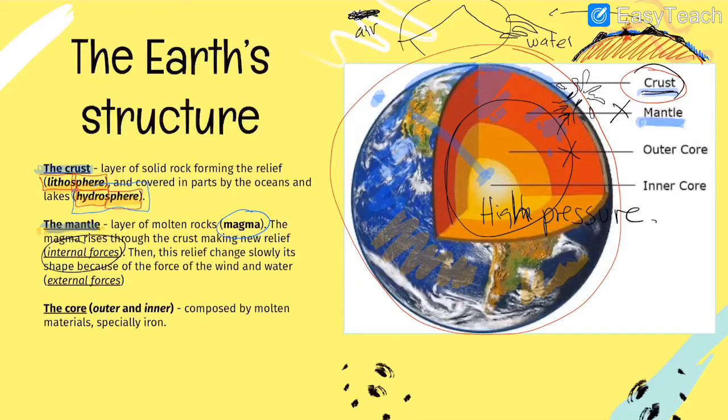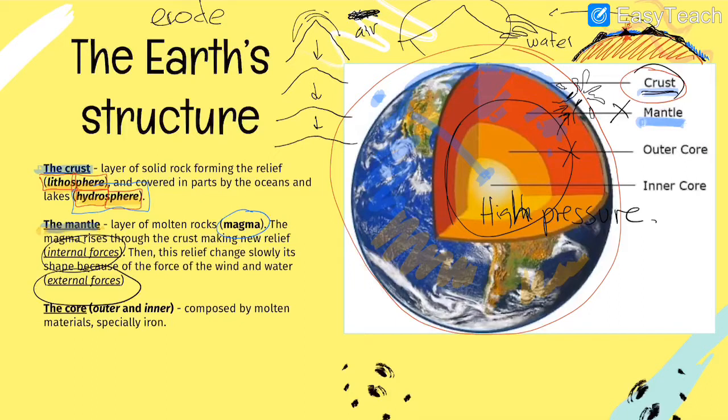For example, with the air, with the passing of time, we have this mountain, but the air starts to erode, erosionar, this mountain, and finally the mountain is little and little and little. So these are the external forces, especially wind, water, and also vegetation.